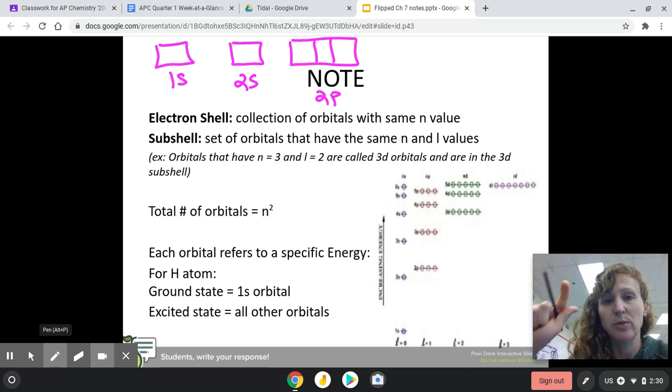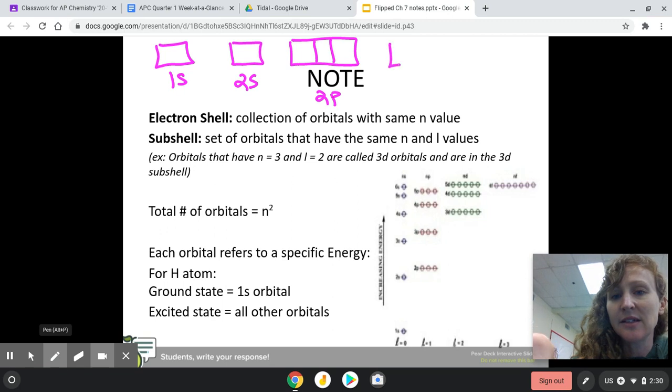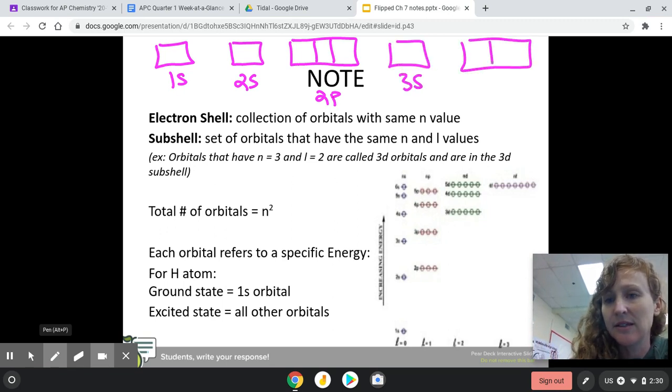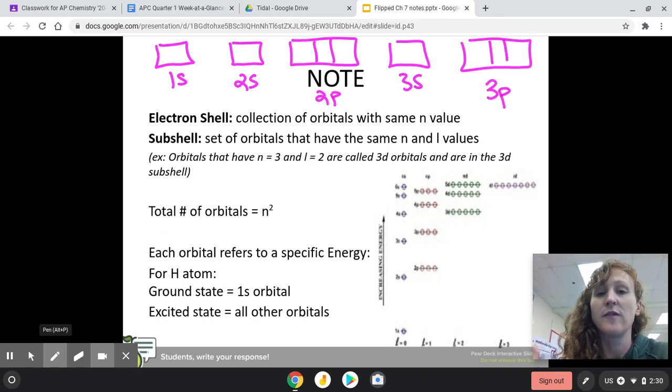So 2px, 2py, 2pz, each one of those is an orbital. And then you'll see the 3s orbital, and then again, you'll see 3 of the 3p orbitals, all 3 of the orbitals. And then it keeps going on and on like that. So that's called an orbital diagram.